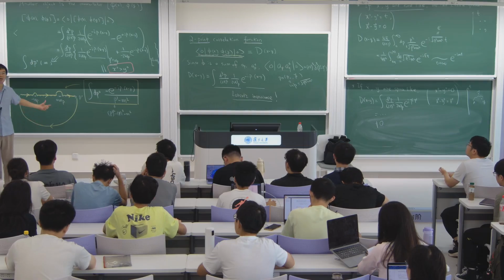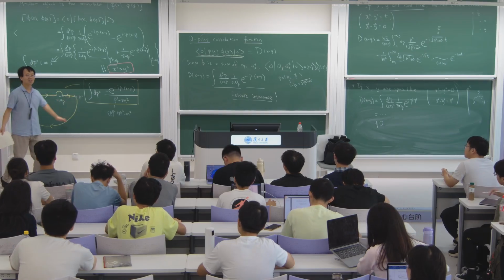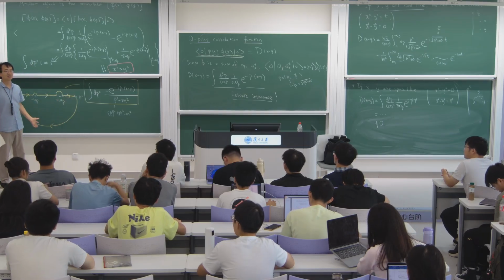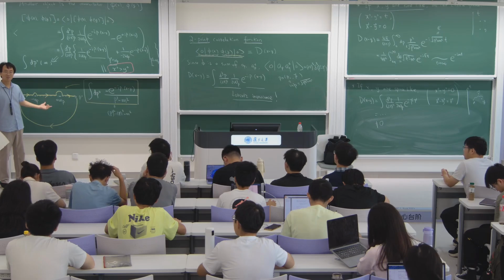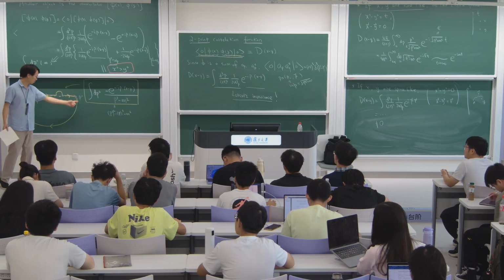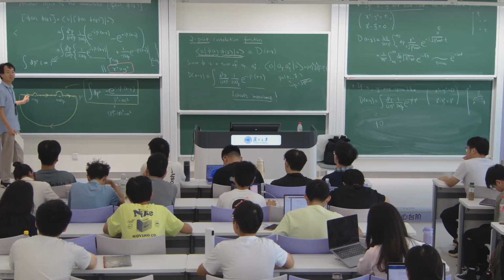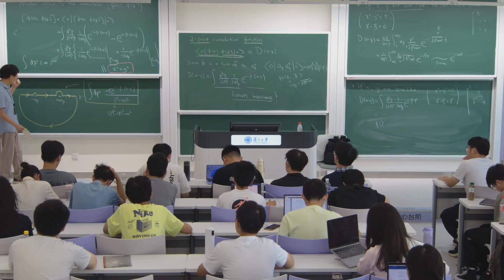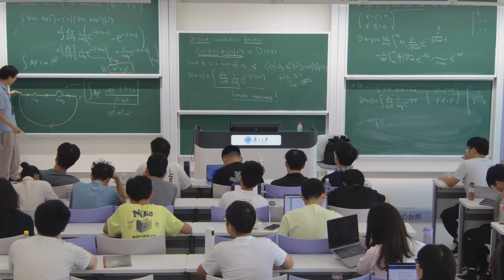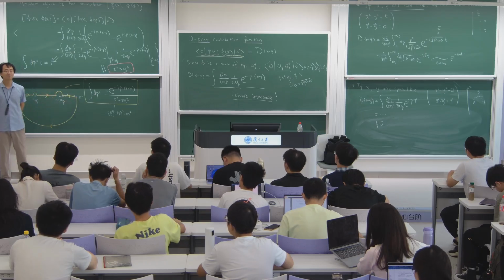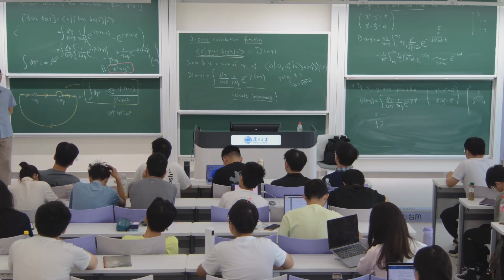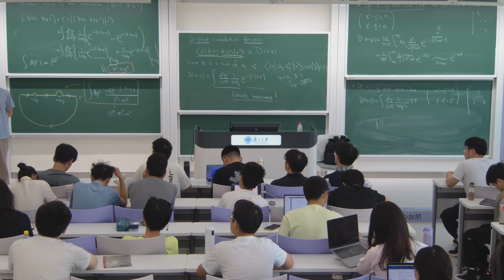Which means you can add this piece of integral, and it does not change your result. This means we can close this contour, then compute this closed contour result, and use that result to obtain the original contour integral, okay? Is that clear? That's what you learn in your complex analysis, okay?